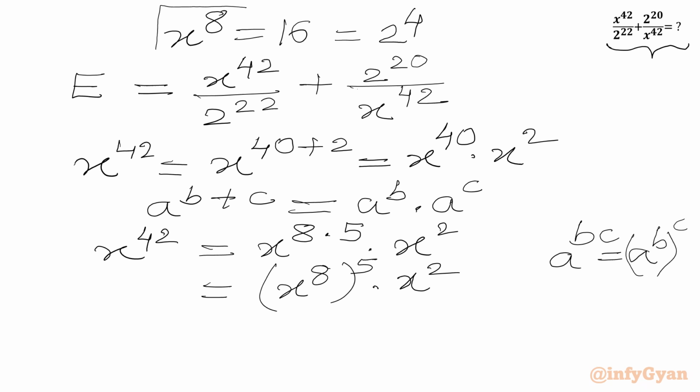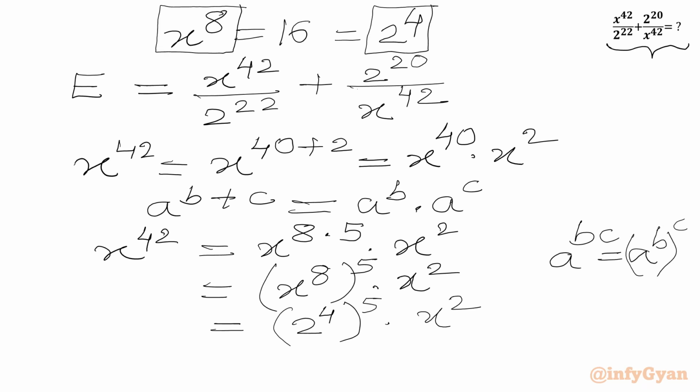Now x power 8 is 2 power 4, so we will write here (2 power 4) whole power 5 times x square. Using the power rule, (a power b) whole power c equals a power b times c.